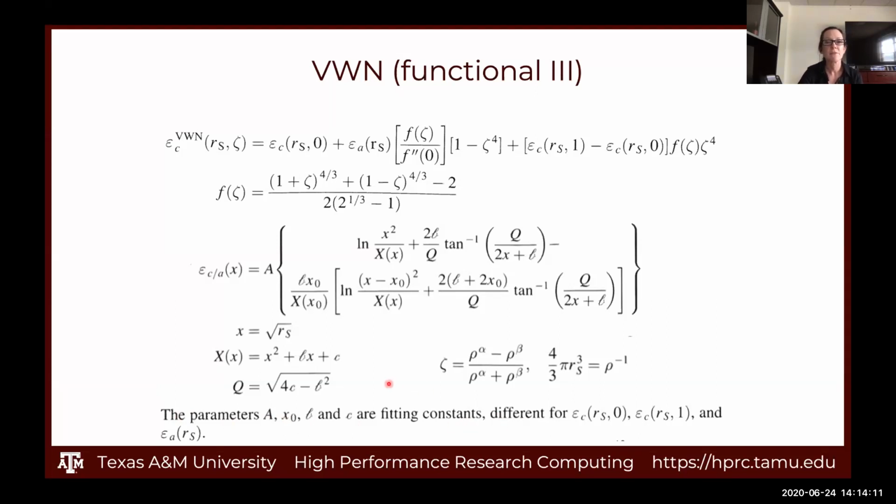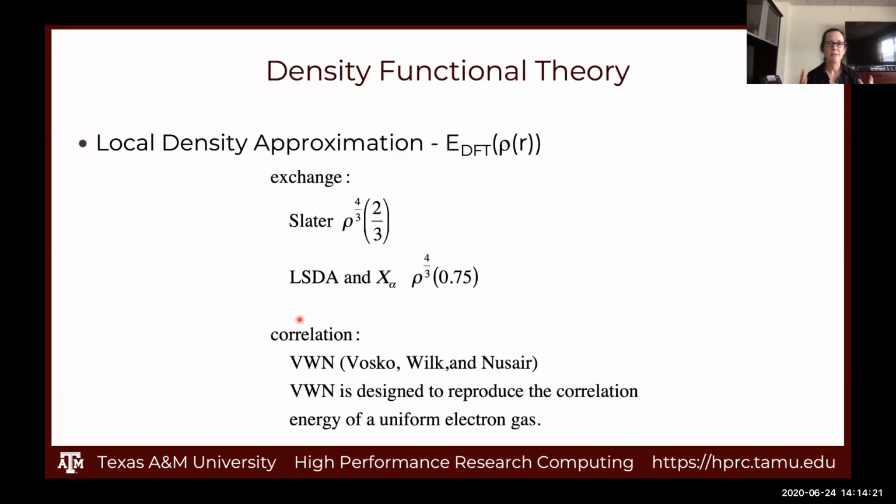And I believe that these fitting constants were for the density of a non-interacting electron cloud. I can't remember for what element, but that's how they did the fitting. So there are a few parameters in there that they fit to experimental data, okay? And both the exchange and the correlation terms are only a function of the density.